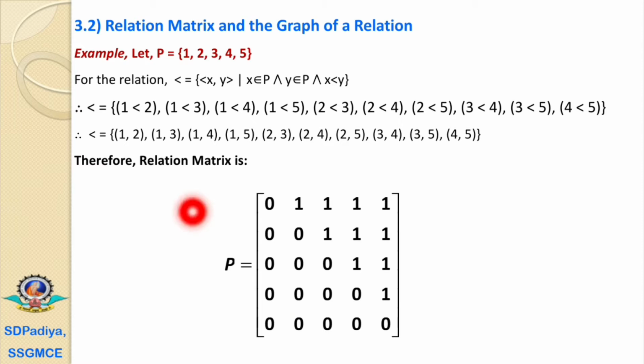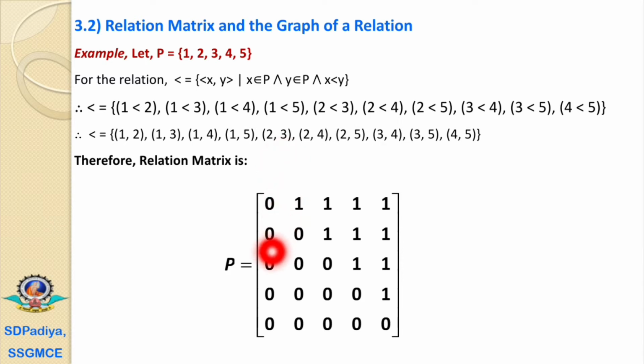Now, for the relation set, if an ordered pair is there, meaning the relation is there, then we have to enter 1. Now, if we look at that, (1,2), (1,3), (1,4), (1,5) are there. Therefore, at the positions (1,2), (1,3), (1,4), and (1,5), we have entered 1. (1,1) is not there, that's why it is 0. If we look at the next, (2,1) is not there, (2,2) is not there.